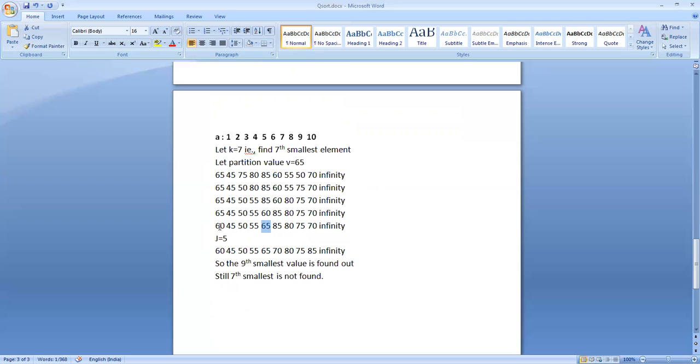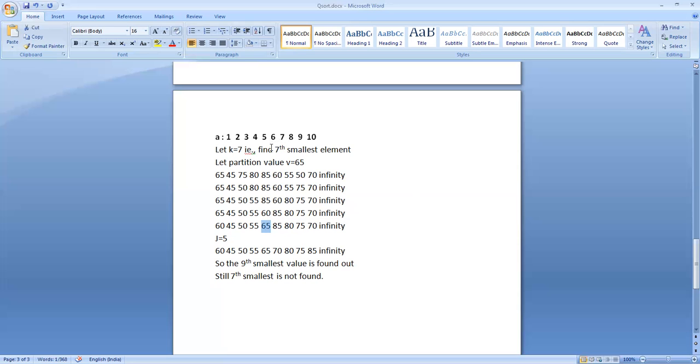But what are these values? 60, 45, 50, 55. They are all less than 65. And look at these values, the 85, 80, 75, 70. They are all bigger than 65. And 65 is in the fifth location. We wanted to find the seventh smallest value.